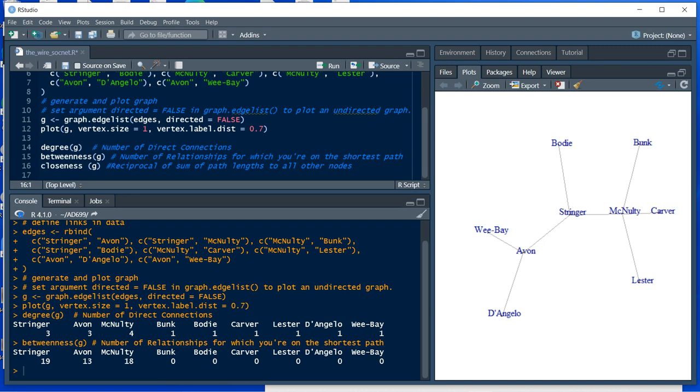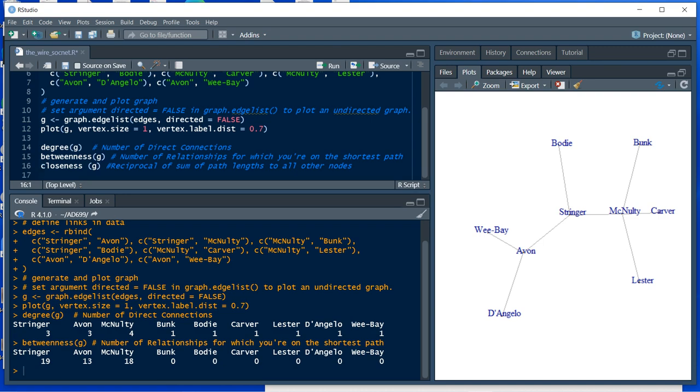And then if we look at D'Angelo, we're going to find that for D'Angelo to get to any of those same 5, those also go through Stringer. So that puts us up to 15.